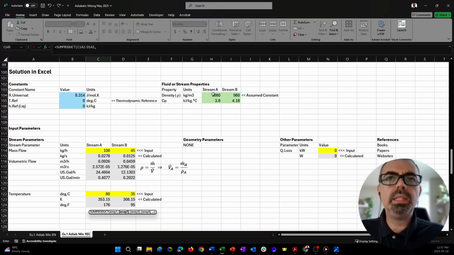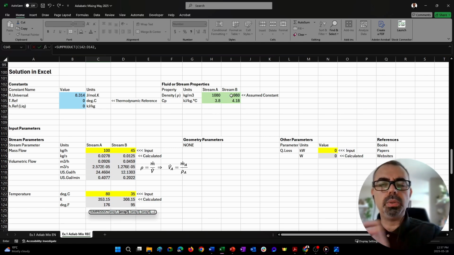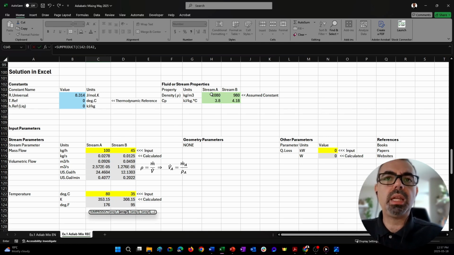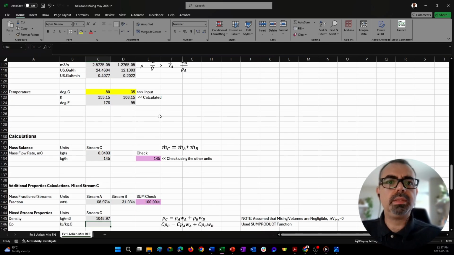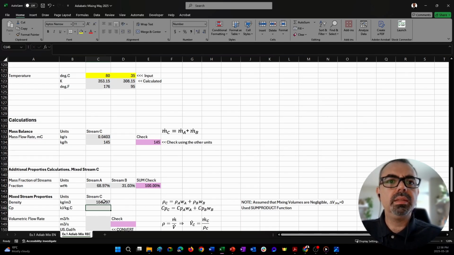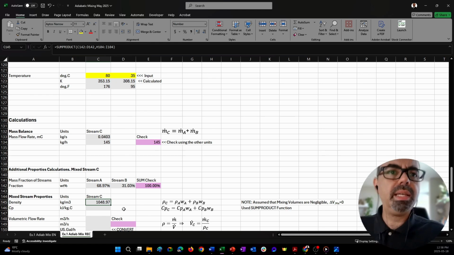So this is the other advantage of putting the constants here as separate cells and not hard-coded in the system. So I can reuse the same value in multiple calculations throughout my spreadsheet. So now I'll select this. And then I close my bracket. And that's it. That's the density of the mix stream.